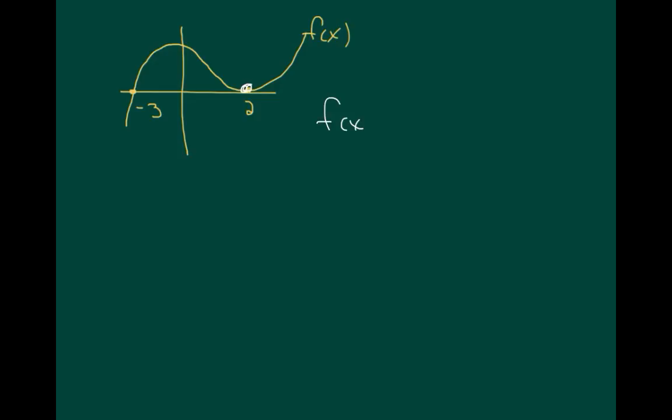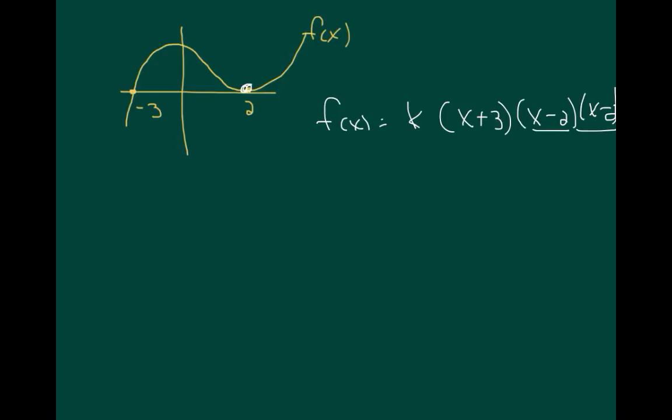So f of x equals k times x plus 3. And then it does not cross at 2. It has a double root at 2. So we're going to say that's x minus 2. And double roots, when they don't cross, we write them twice. So that would be how we represent the double root, as this x minus 2 showing up twice.